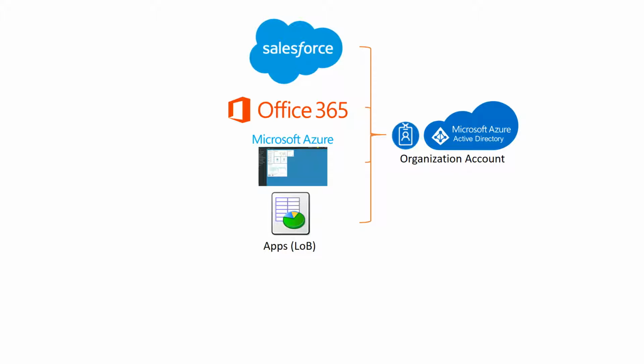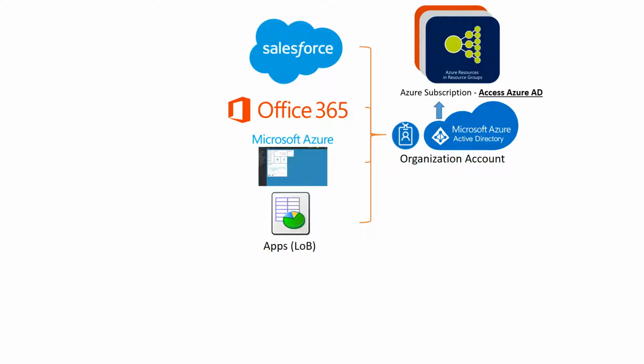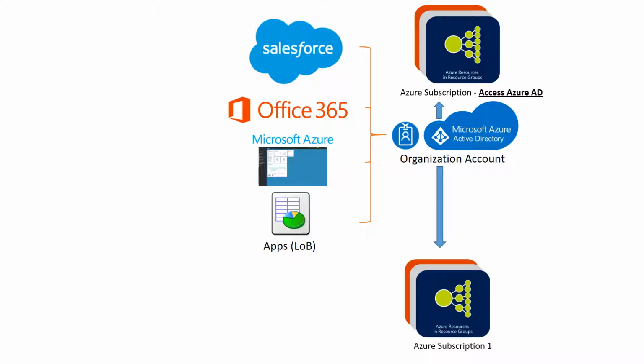Besides the Access Azure AD subscription for Office 365, if the customer wants to use Azure services, normally they create other Azure subscriptions. For example, this Azure subscription 1 can also host the organization account.